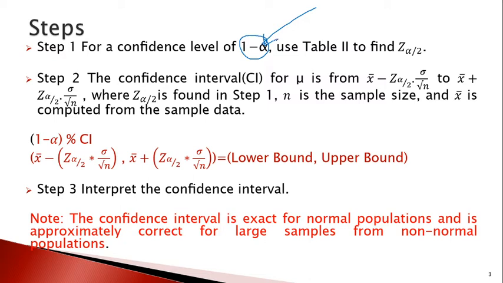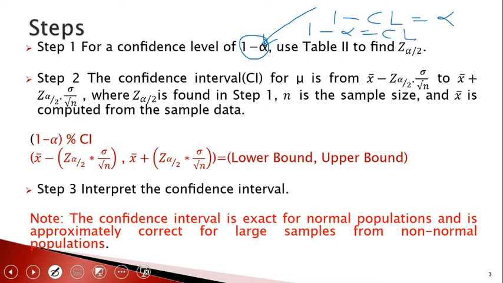How do you find this alpha? Do you know the relationship between confidence level and alpha? 1 minus confidence level equals alpha, which means 1 minus alpha equals confidence level.